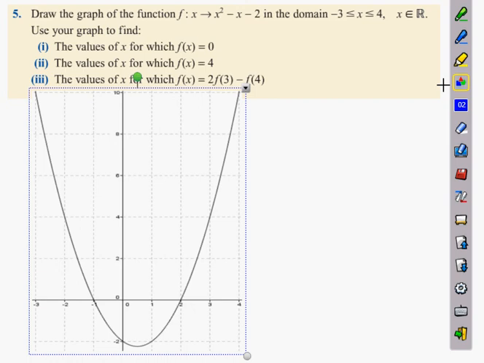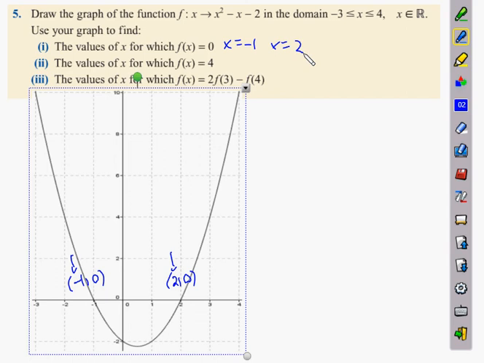You're talking about the output there, so the output is 0. So Paul, if the output is 0, what are the inputs? Minus 1 and 2. Minus 1, 0 and 2, 0. What does that mean? When the input is 2, the output is 0. And when the input is minus 1, the output is 0 as well. So that means your two answers are going to be x equals minus 1, x equals 2.